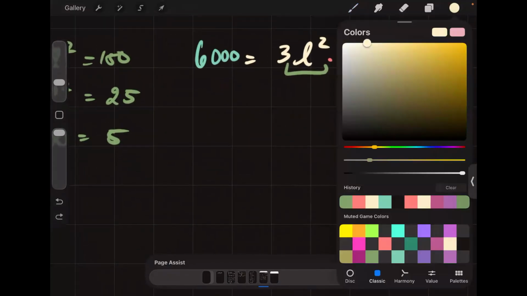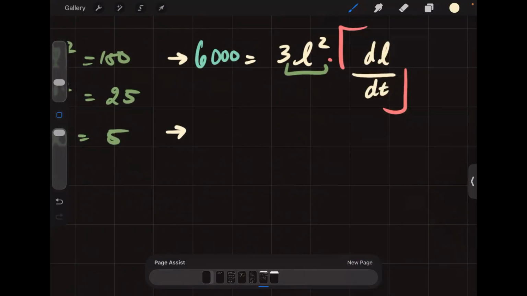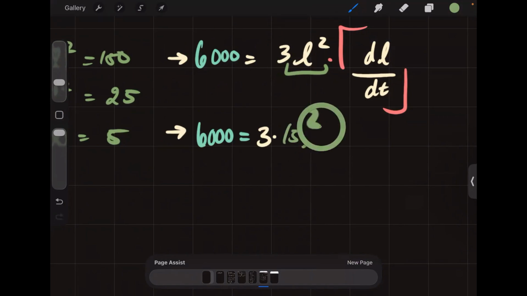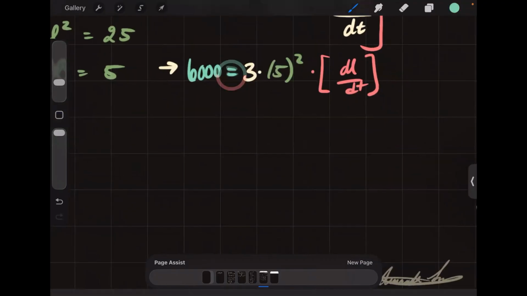So now you know 6,000 is equal to 3 times 25, or if you'd like, you can write it as 5 squared, times dL/dt, which is the same as saying 6,000 is equal to 75 times dL/dt.